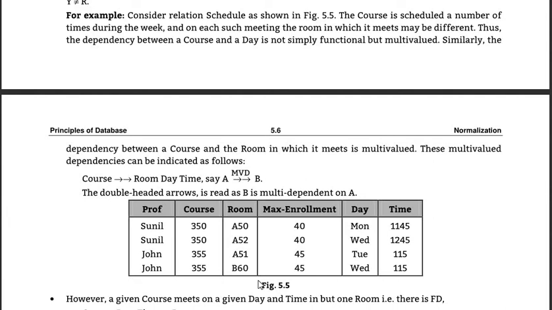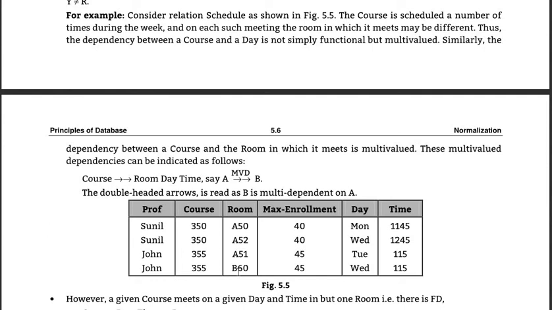The course is scheduled a number of times during the week. On each such meeting, the room in which it meets may be different. Thus, the dependency between course and day is not simply functional but multivalued. Similarly, the dependency between course and room in which it meets is multivalued.